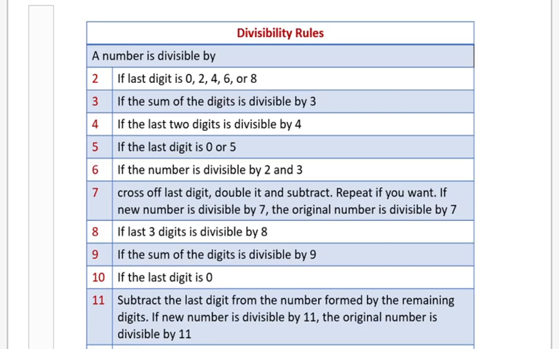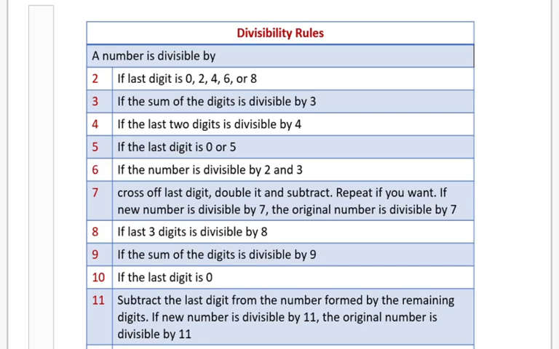These are examples of divisible by 2. Now see the example of 16 here. The last digit is 6, that is why 16 is divisible by 2. That is why a number is divisible by 2 if the last digit is 0, 2, 4, 6 or 8.